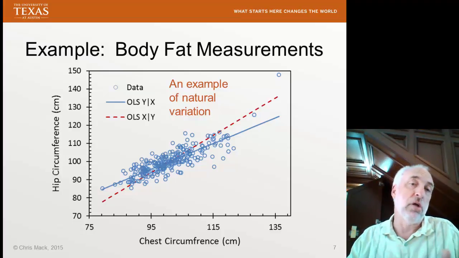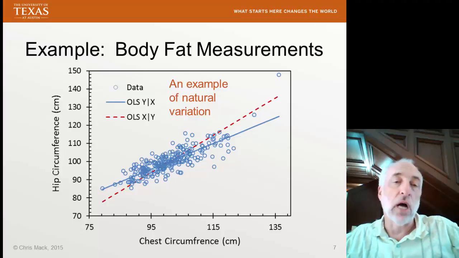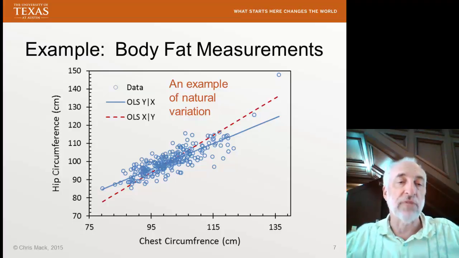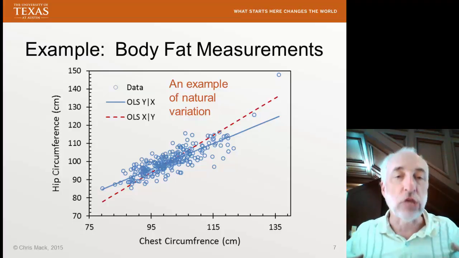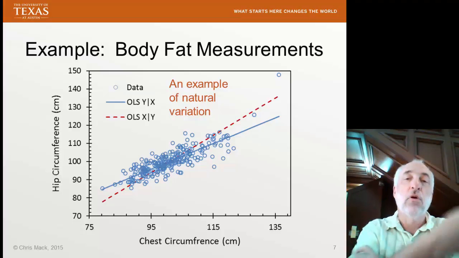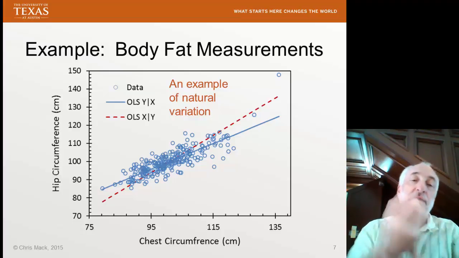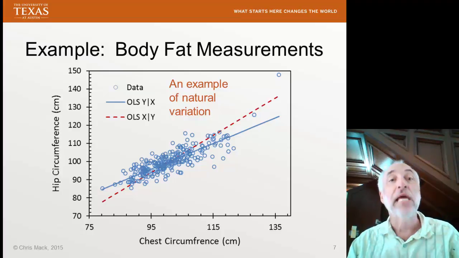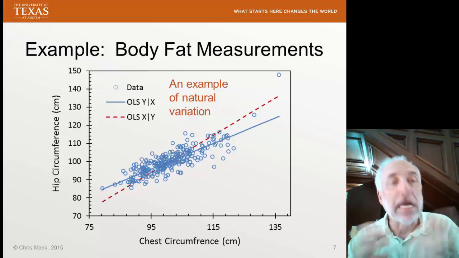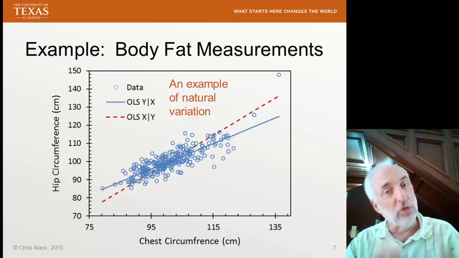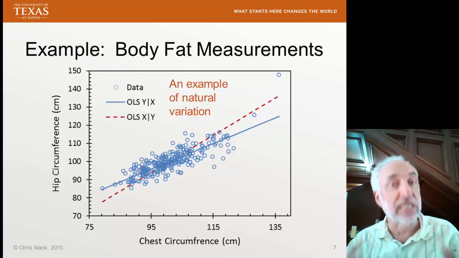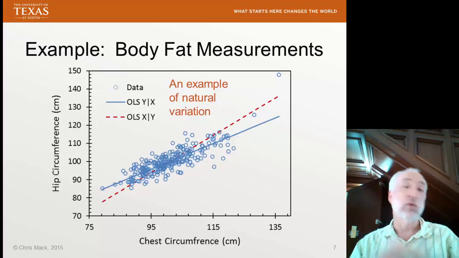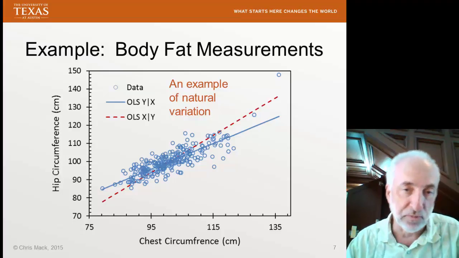So they measured the circumference of the hip, the circumference of the chest, neck, the forearm, the biceps, the wrist, all these different measures of the body in the hopes that some combination of measures might be a useful way of predicting the amount of body fat, which has lots of health consequences.